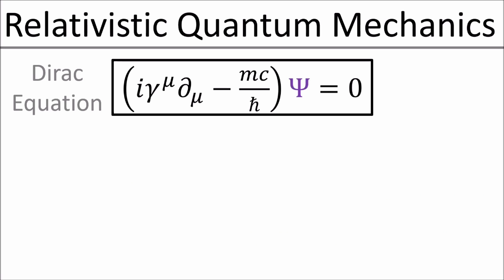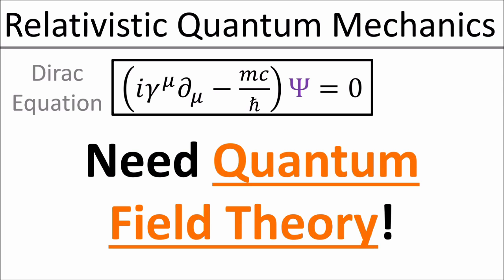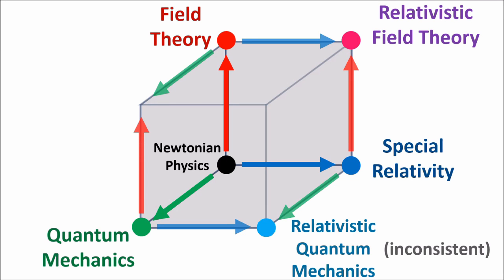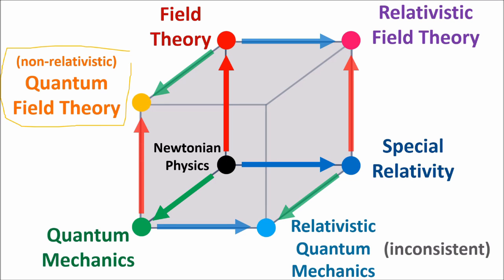It turns out that, if we want to correctly interpret the Dirac equation, we need to move to quantum field theory, which is where we take classical field theory and apply the rules of quantum mechanics to it. So now let's see how we combine quantum mechanics and field theory together.